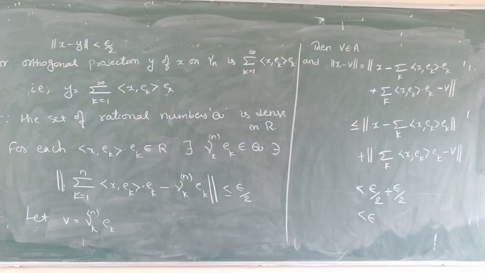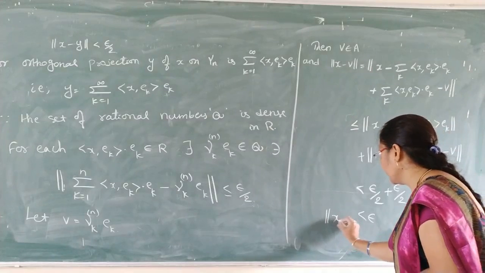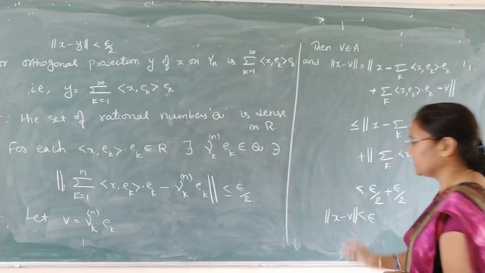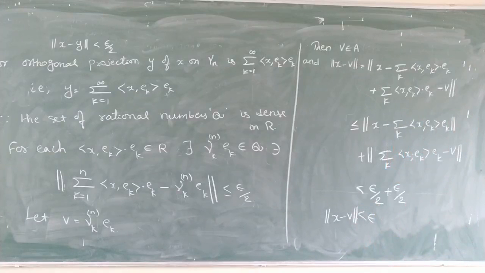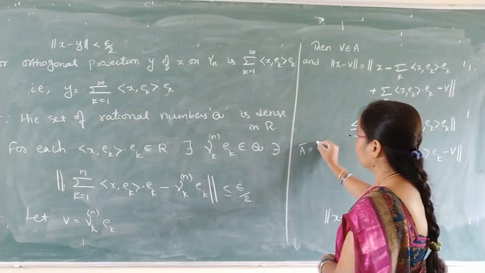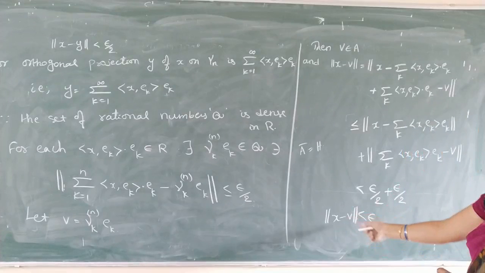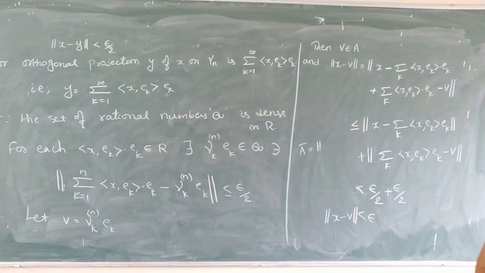Here we got norm of x minus B less than epsilon. In the above lines, instead of A bar equal to H, it is enough to show the condition norm of x minus B less than epsilon. We got the same thing, right?